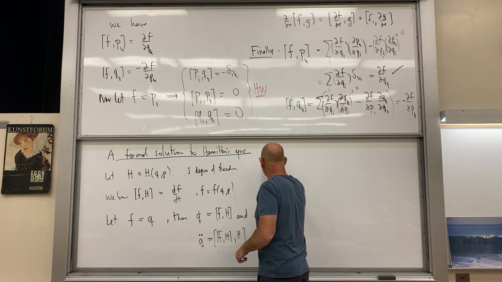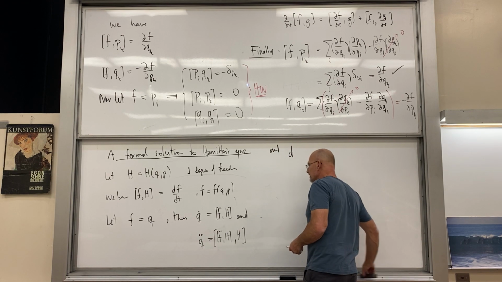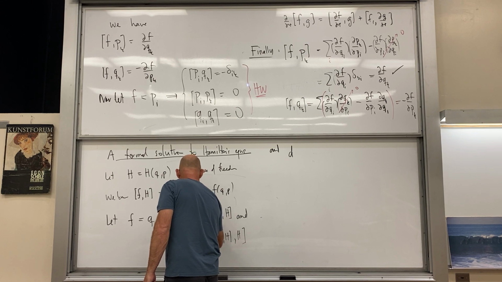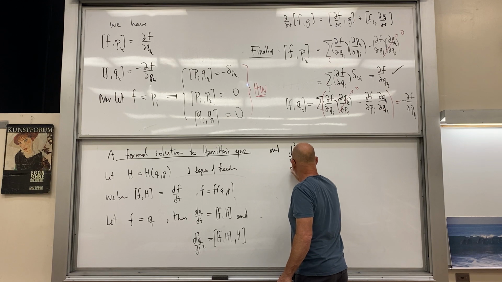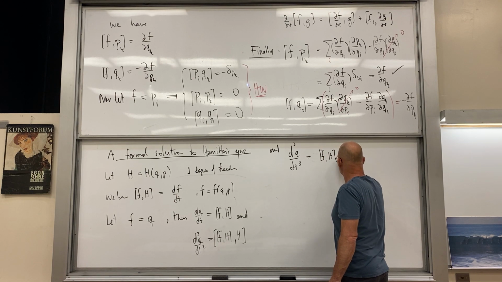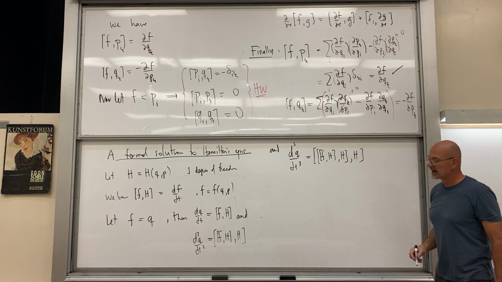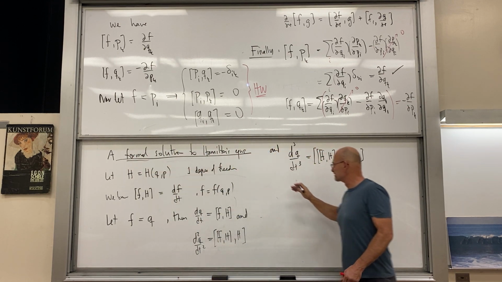So I'll even write one more, and instead of putting the dots here, let's write out the explicit time derivatives for the moment: dq/dt, d squared q/dt squared, and so on, each given by nested Poisson brackets with H. Well, formally, that's why I'm calling this formal. You could just do this indefinitely.